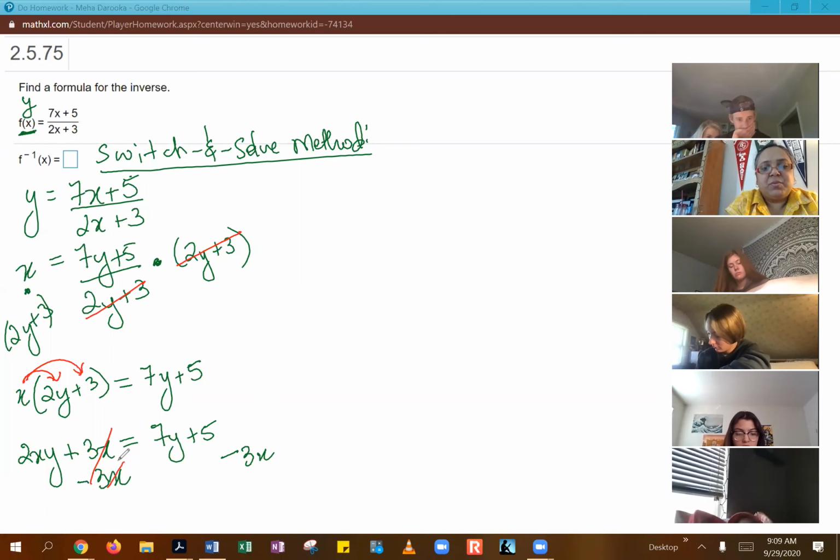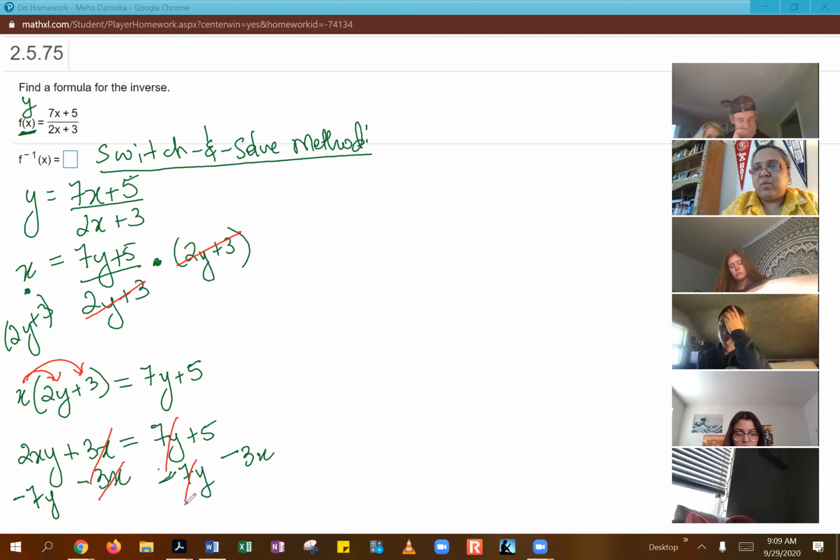Now, to bring the y terms on the same side, I'm going to go ahead and subtract my 7y and bring it onto the left-hand side. So you can basically see we're bringing the y terms to the left and the non-y terms to the right-hand side. All right, let's see now what we can do.